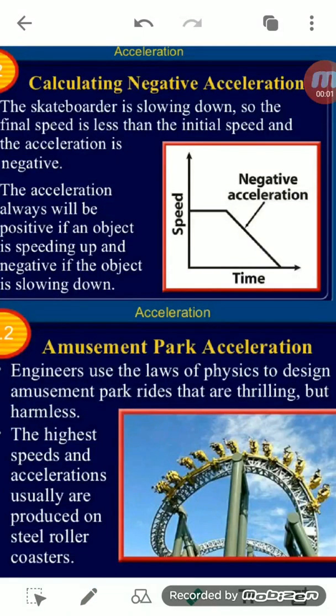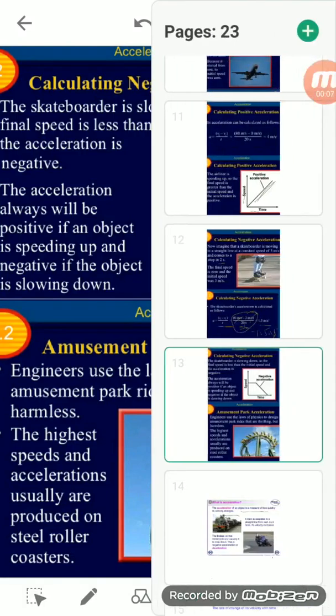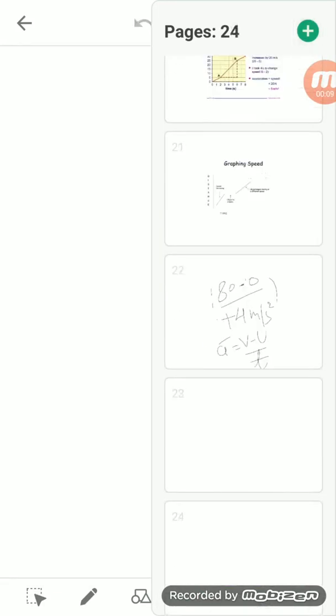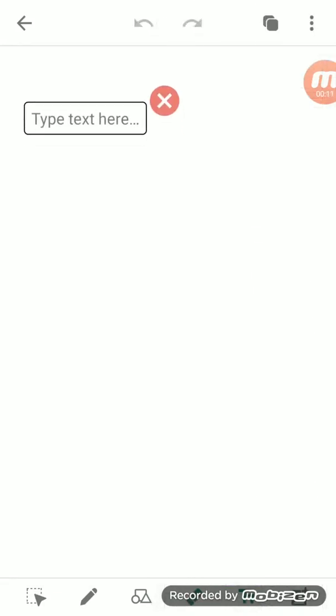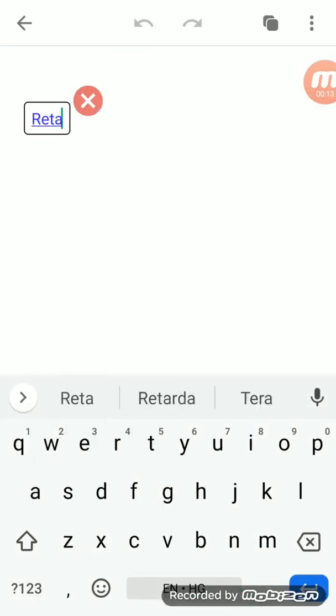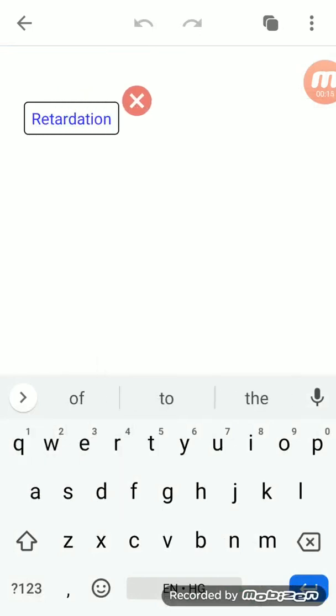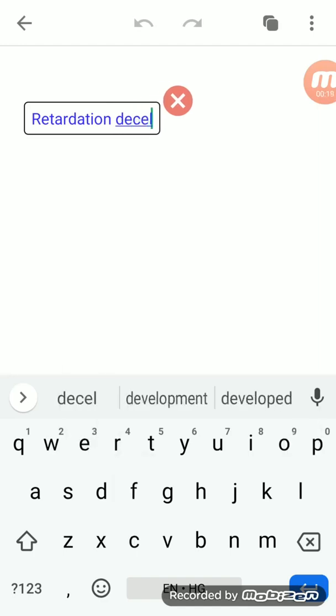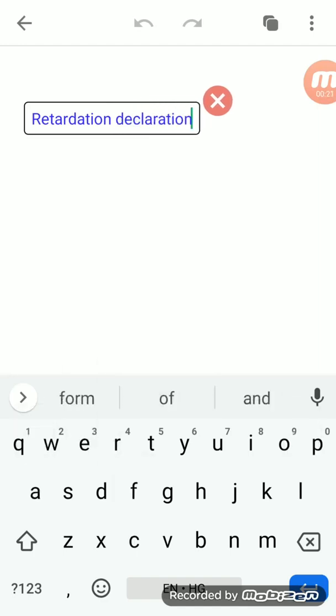So negative acceleration is when the velocity of the body is slowing down or decreasing. We use another term for the negative acceleration, and that is known as retardation, or deceleration.